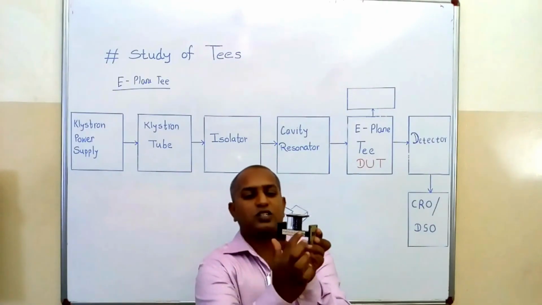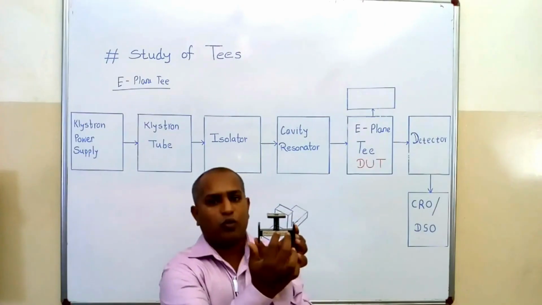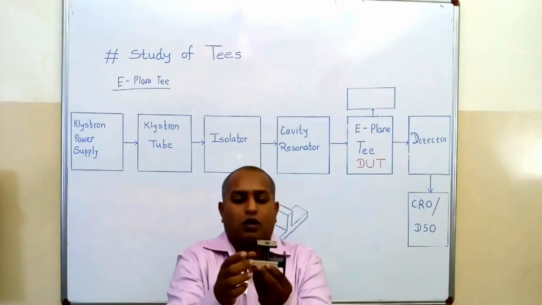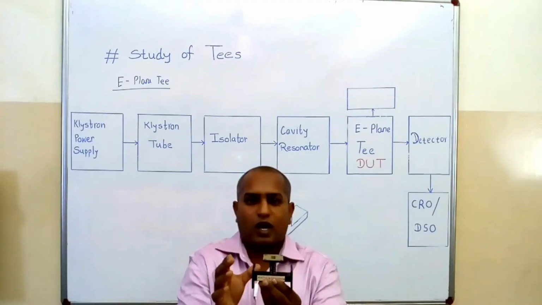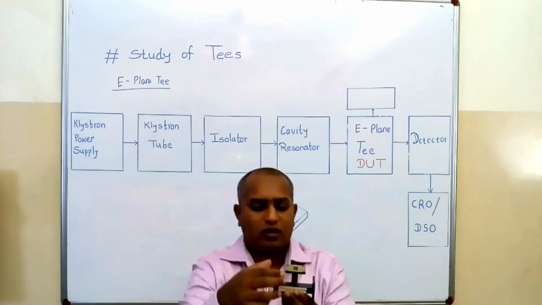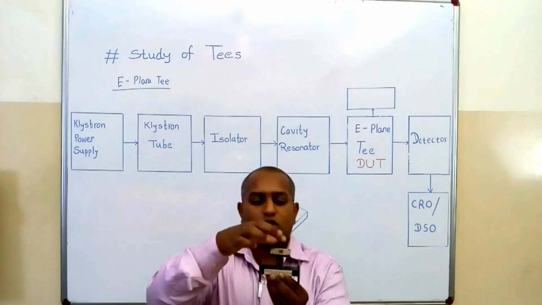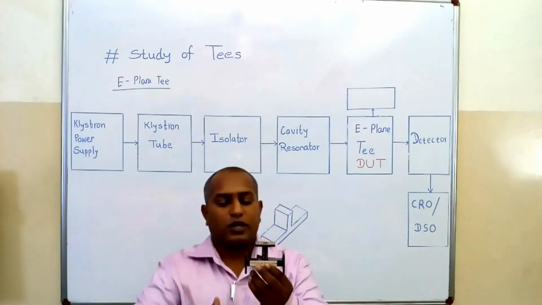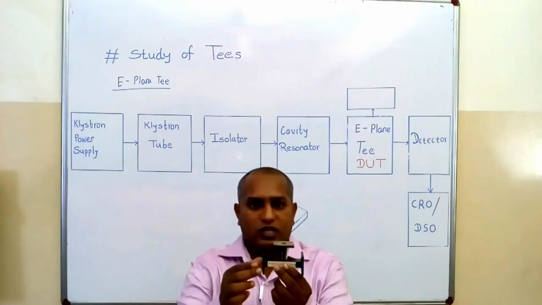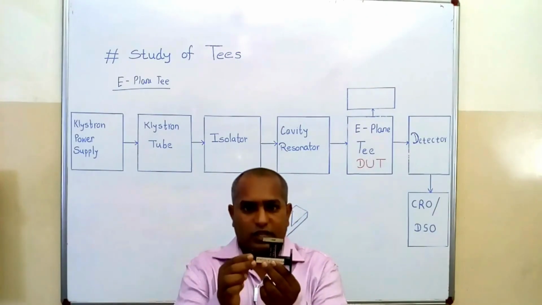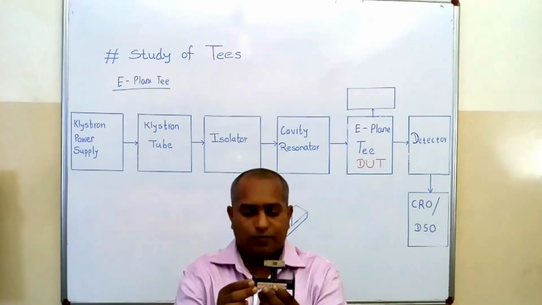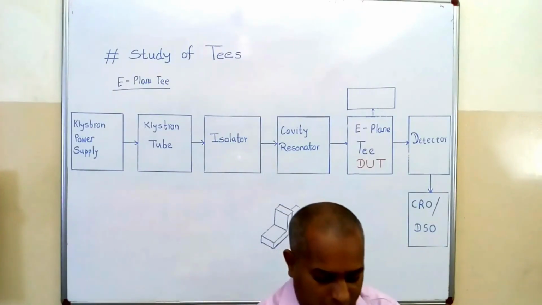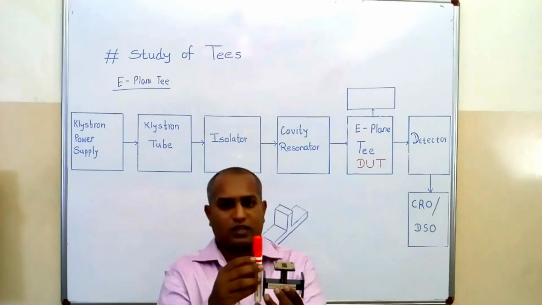Here, this is your actual waveguide, and we are connecting another side arm to the waveguide. This is your side arm, and this portion is known as the junction. This plane tee is known as an E-plane tee because the electric field of this primary waveguide looks like this.